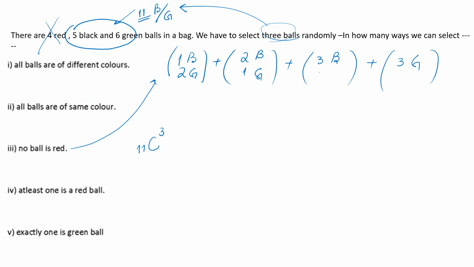Now understand the third part with the fourth part. In the third part, they said no ball is red, so you can select any ball from the black or the green balls, and they are not concerned with the color. Now they are saying at least one is a red ball. What is meant by at least one red ball?